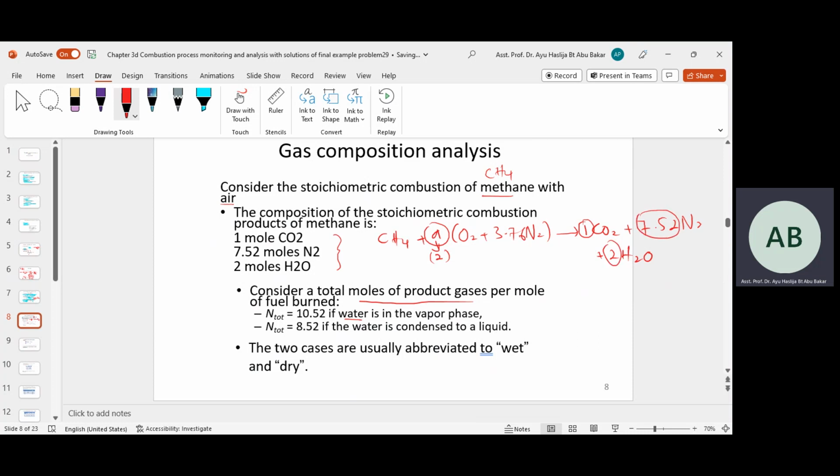Find out the total moles, then from there you can get the wet and dry basis. This one should be dry, with a total of 8.52. This one is dry basis, and this is wet basis.